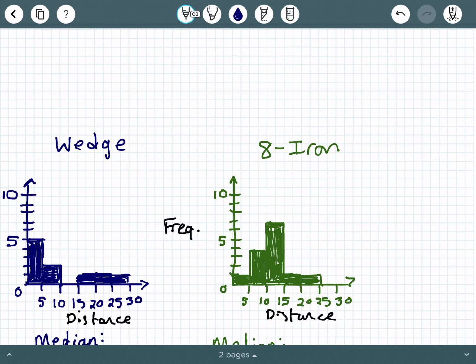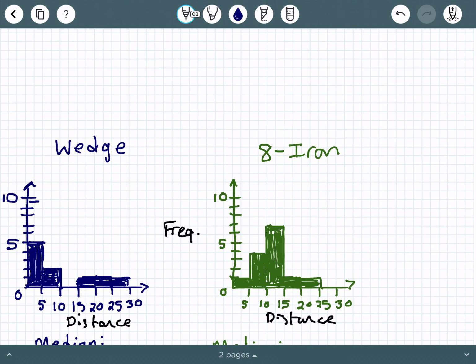Now remember, with a histogram, the lines for it are going to range from the lowest number to the highest. It doesn't matter how far up or down we start, but it does matter horizontally where we start and stop our line. So I'm going to start right about here.